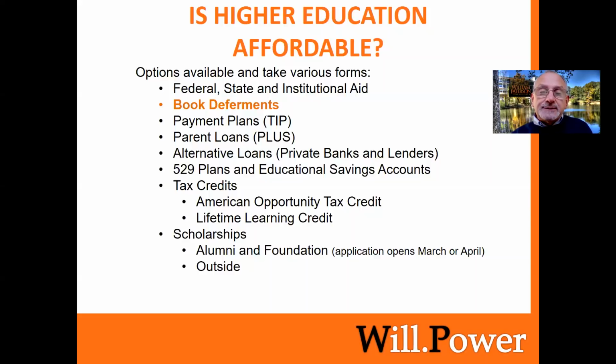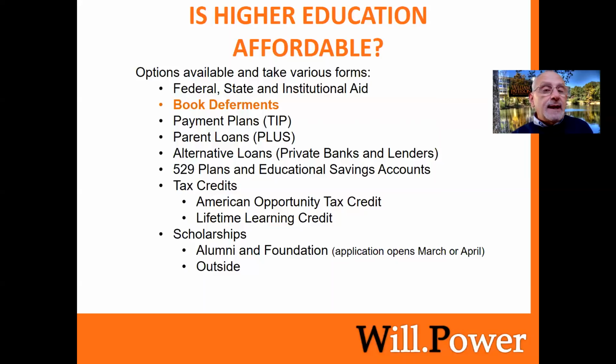There's scholarships. Now, in addition to scholarships you may have received from admissions when you started school, every spring semester, the alumni and foundation boards open up scholarships. There's 600 different scholarship applications available to students in March or April. So make sure you look for emails announcing this scholarship application.